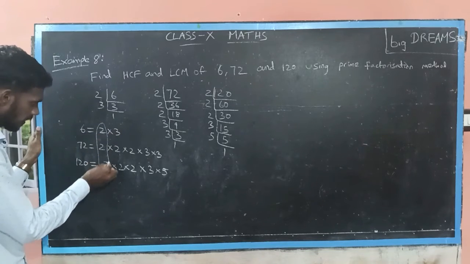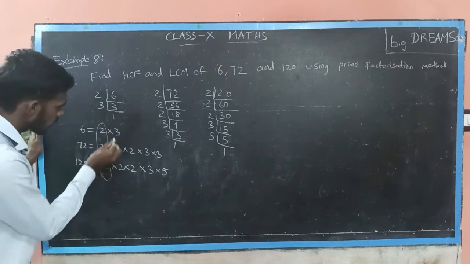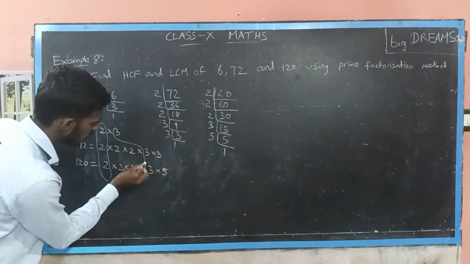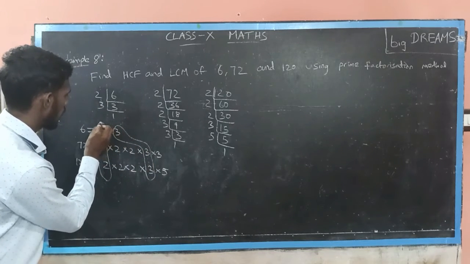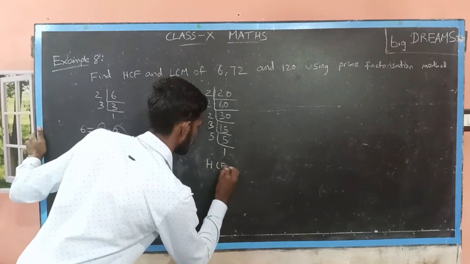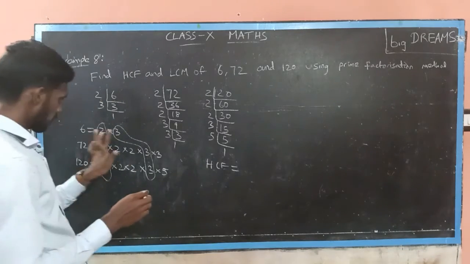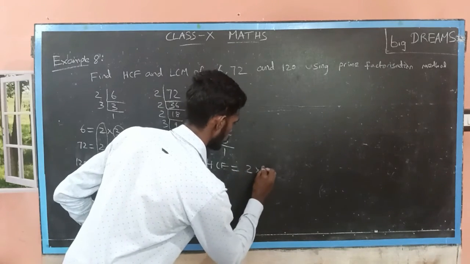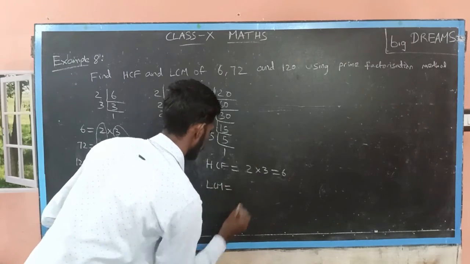I am having 3 as common, I am having 2 as common. So I can have 2 sets, right? So the HCF between these numbers is 2 into 3, the highest common factor, I will get 6.